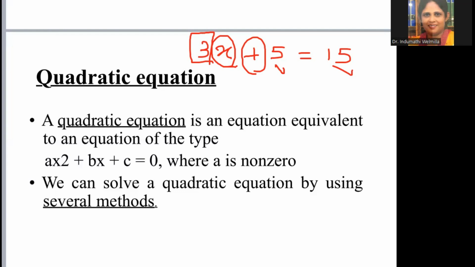And there are terms: 3x is one term in this example, and 5 is another term. And the equal to sign is also here, right? So there are different parts of an equation, which include coefficient, variable, operations, constants, terms, expressions, and the equal to sign.